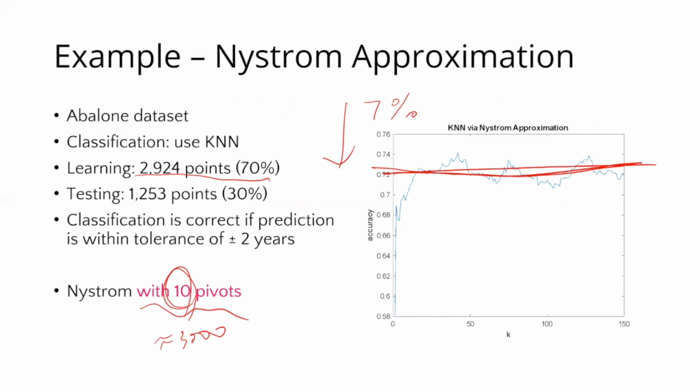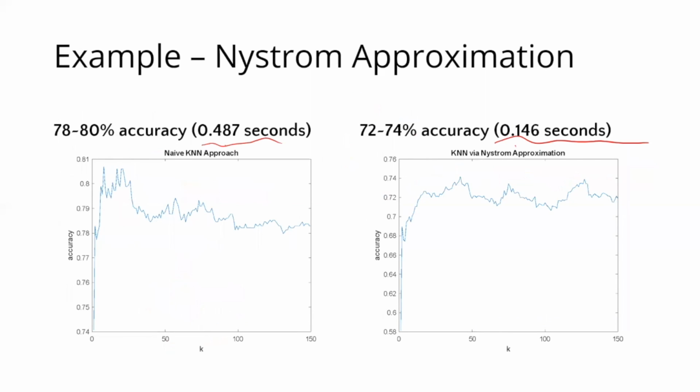Of course, with 3,000 training points and only 10 pivots, it is actually too little considering the size of the data. But even with that, this is the range of accuracy that we could achieve, as opposed to the naive method.